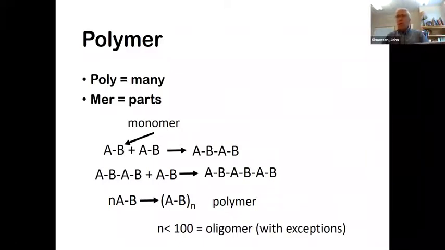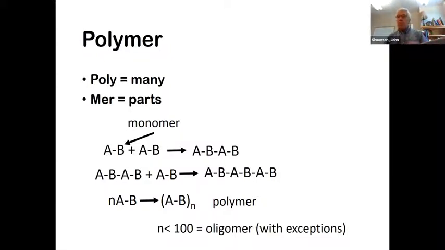And of course, DNA can be millions, and ultra high molecular weight polyethylene can also be up in the millions. Enzymes are also polymers. Their molecular weight is not that high, but it can easily be 50,000. Okay.